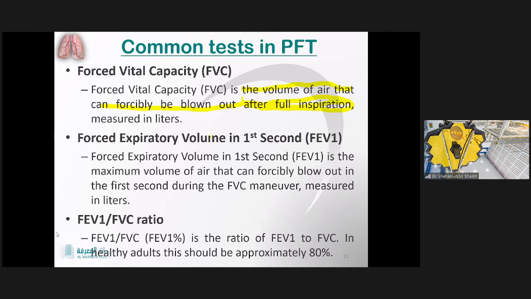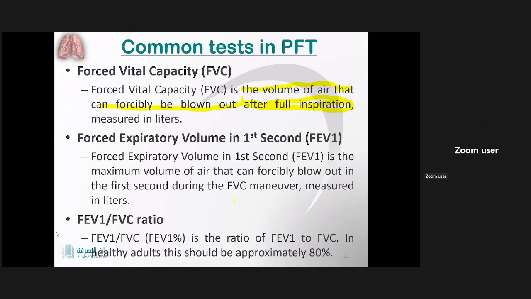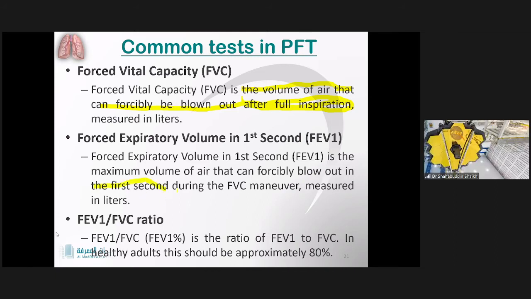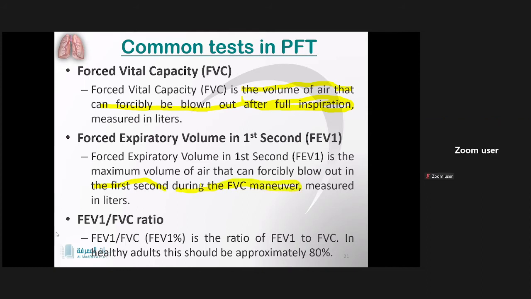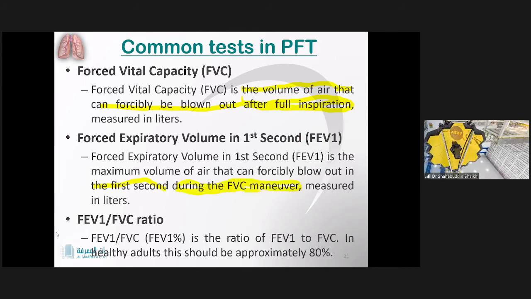Now, what is FEV1? The amount of air you forcefully expire within the first second during maximum breathing out, yani FVC maneuver, FVC procedure. Maneuver yani procedure.